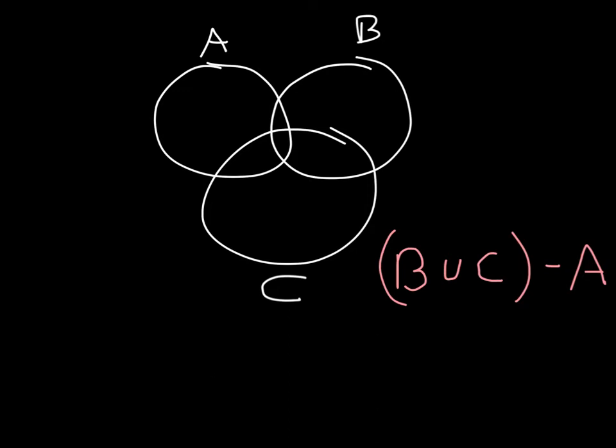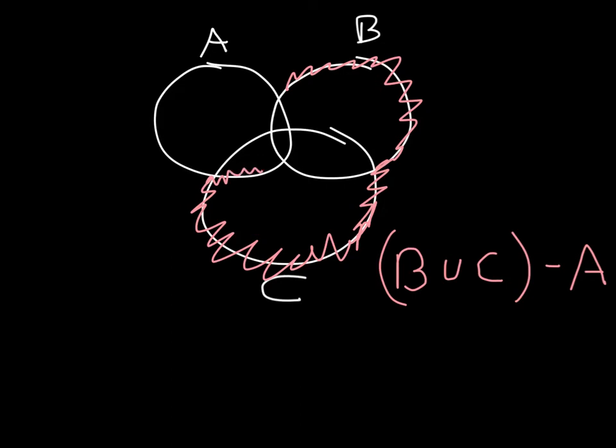So it's going to look like this set. It's everything inside the red here that I'm highlighting. So you can see I'm avoiding A entirely. So it's everything in B and C, but not in A. Everything in B or C, but also not in A.